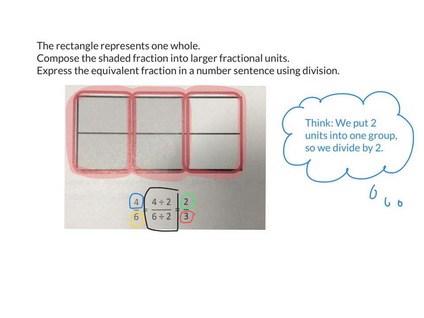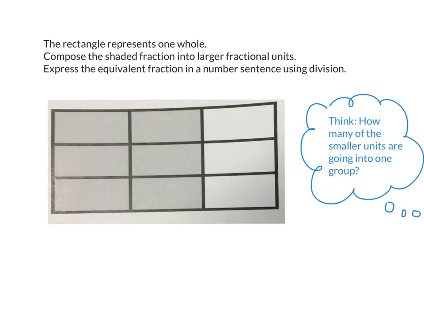We're dividing by 2 because the bigger unit is 3, and then there's 2 shaded in, so there's 1 shaded in for 1/3, and then there's another for the other third. But why do we know that it's dividing by 2? It's because how many of the smaller units are we putting in one group? 2. That's why.